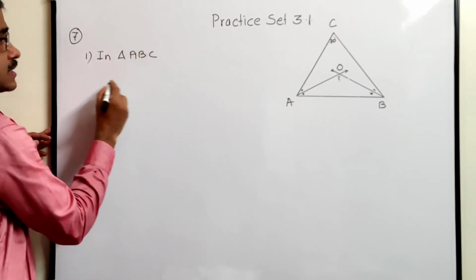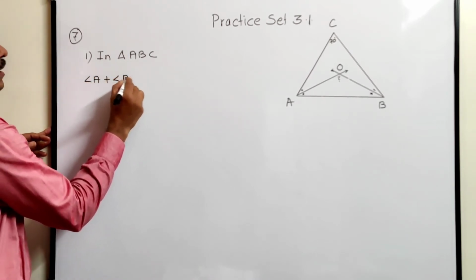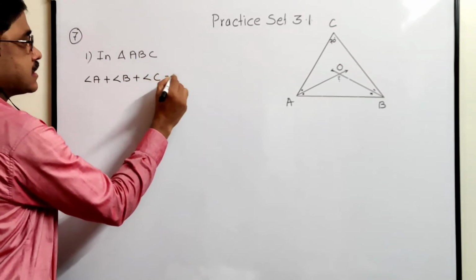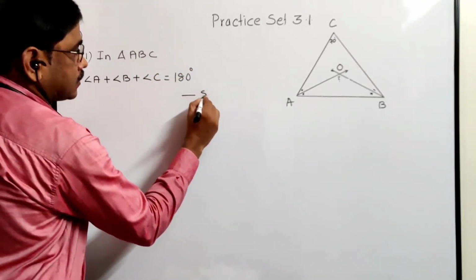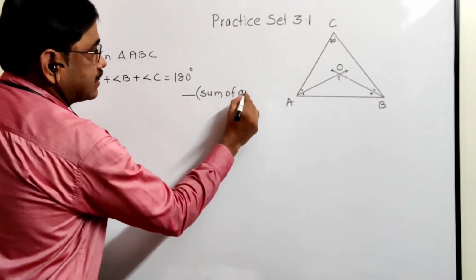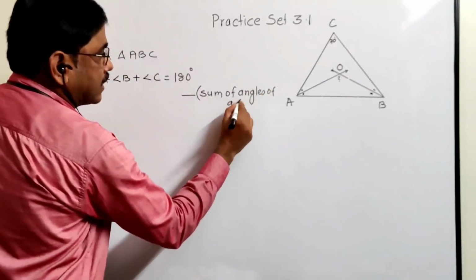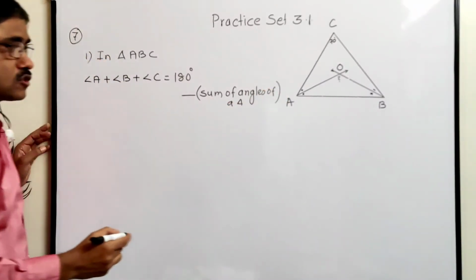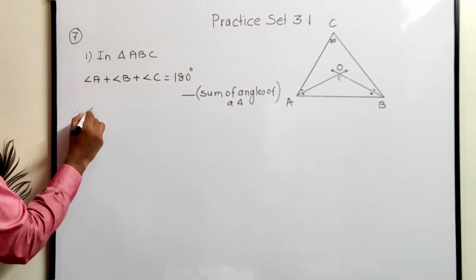So the first statement: in triangle ABC, angle A plus angle B plus angle C is equal to 180 degrees. What is the reason? Sum of angles of a triangle. Now substitute the value of C. C is 70.